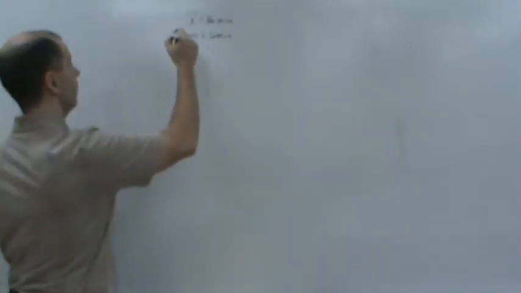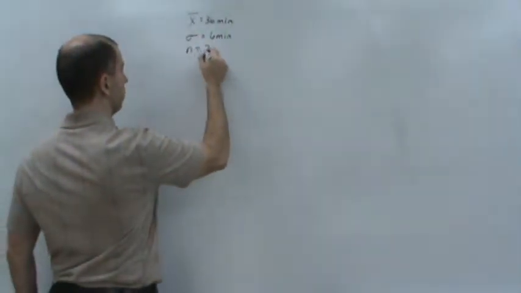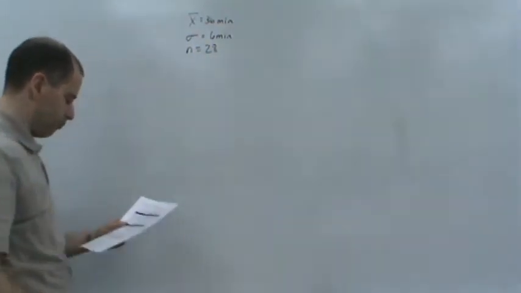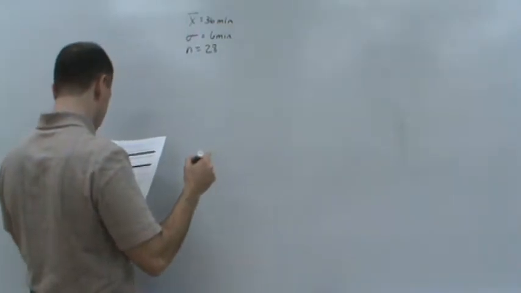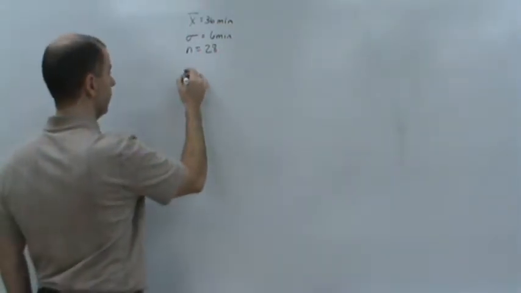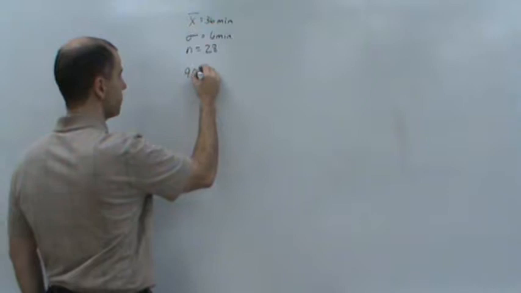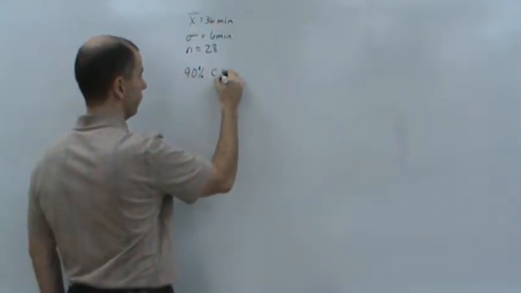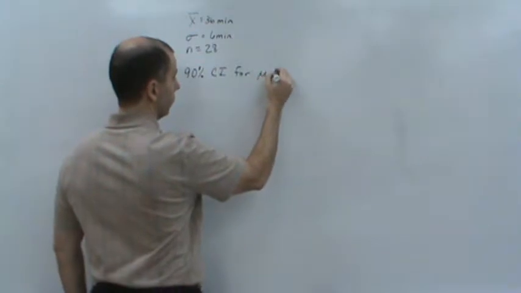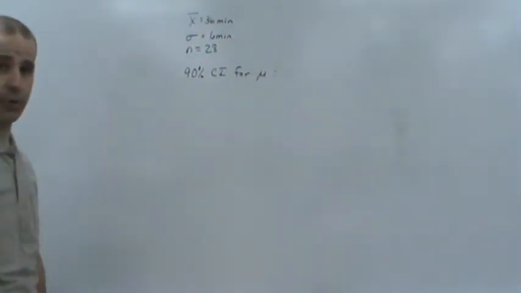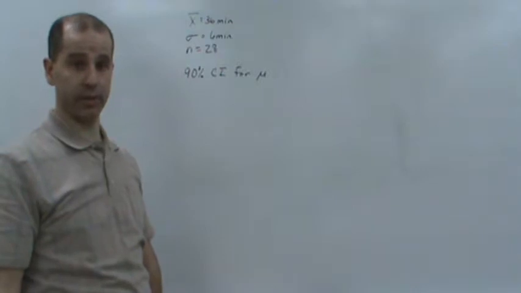And n is 28, so the sample size is 28. And what they want to do is construct a 90% confidence interval for mu, the true average time it takes to deliver pizzas.